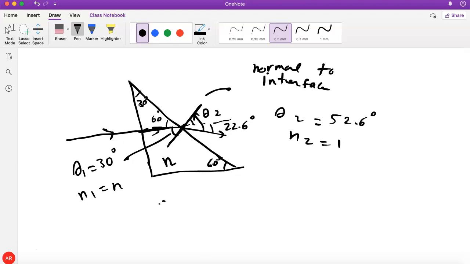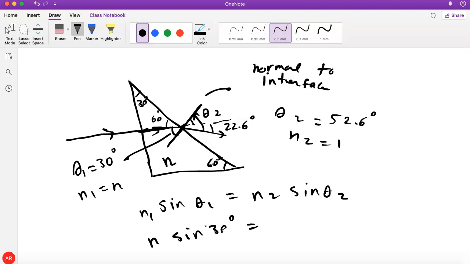Okay, so we can write n1 sine theta 1 equals n2 sine theta 2, so that means n sine 30 degrees equals 1, that's air, times sine 52.6 degrees.